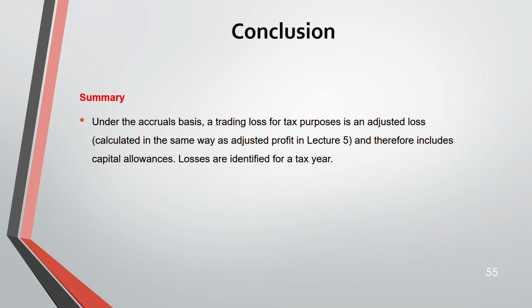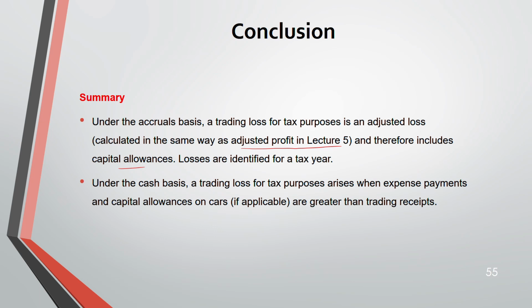So now let us summarize the entire lecture. We started with the trading loss. Under the accrual basis, a trading loss is an adjusted loss calculated in the same way as adjusted profit we have done in lecture 5, and therefore includes capital allowances.